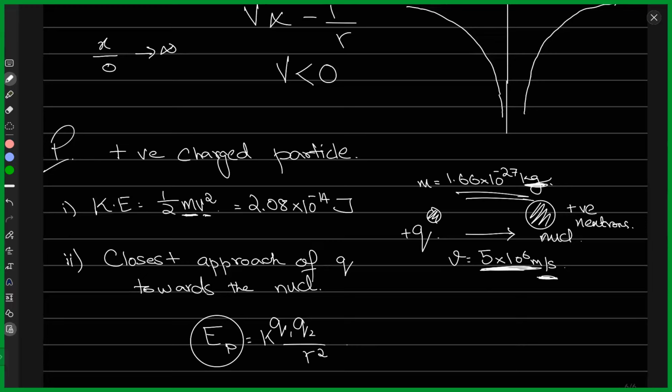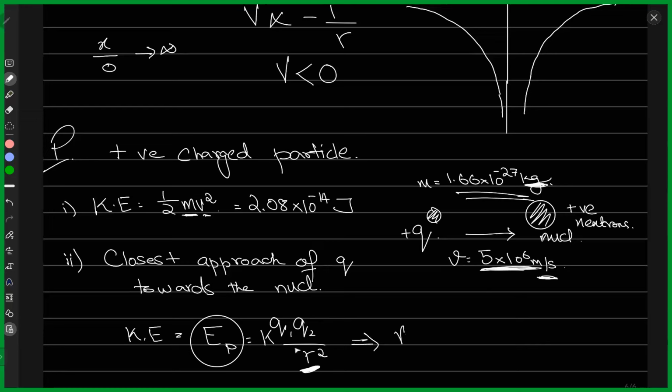And then it's very simple, because you just have to compute this value R. When it comes closer to the nucleus, that's the time when all of the kinetic energy with which it was traveling initially gets converted into the potential energy of the particle. And this can be computed as R.